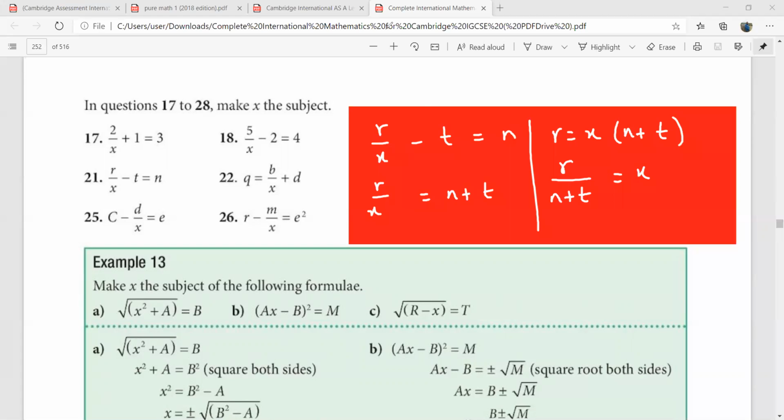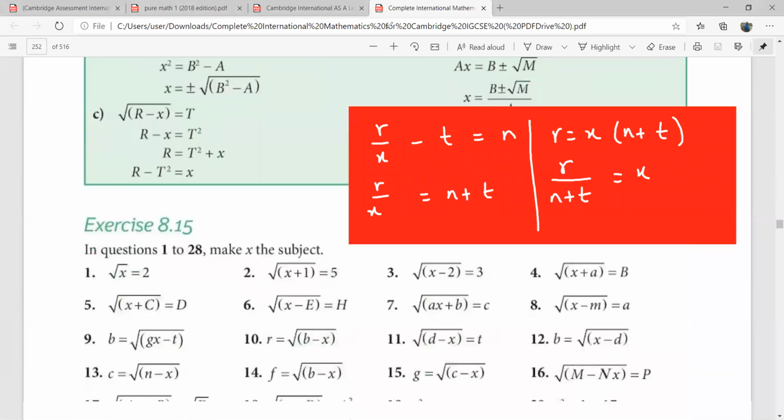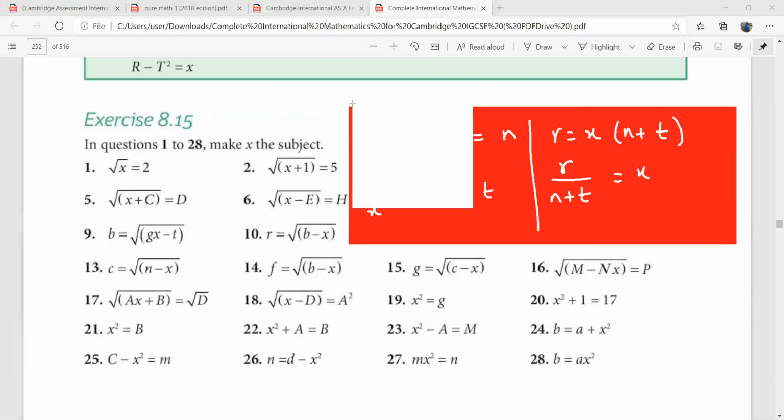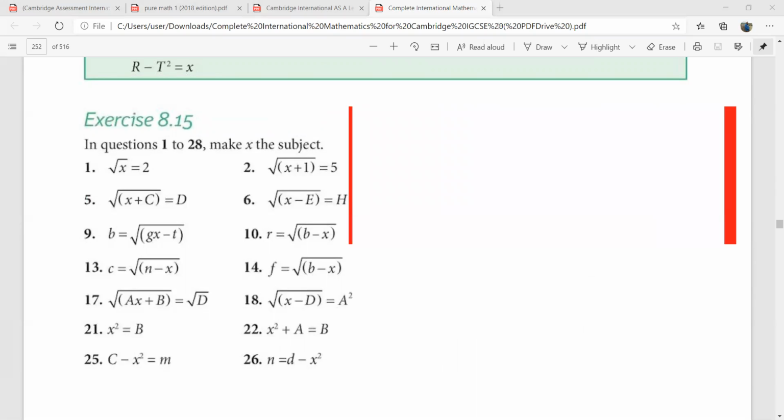From this level, we moved on to the next level where we had the square roots and the squares. To make you recall, look at the 13th part here. You have to make X the subject.